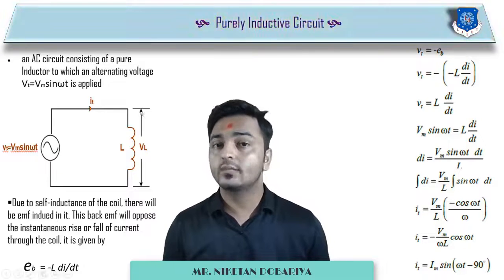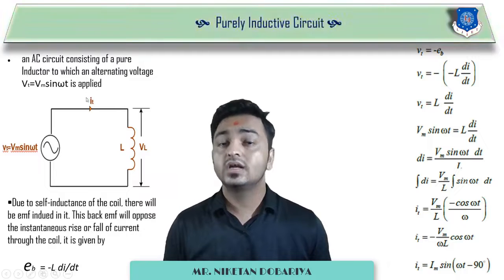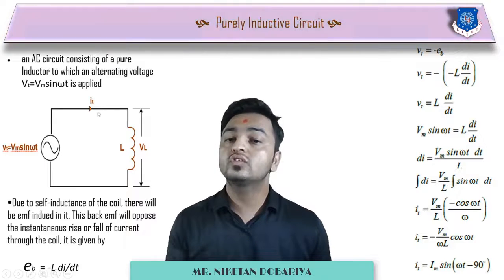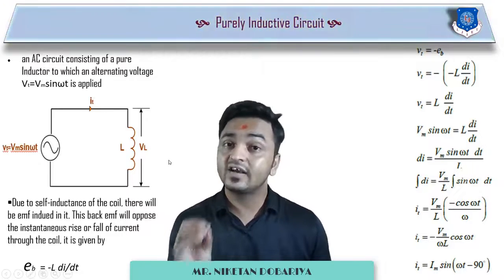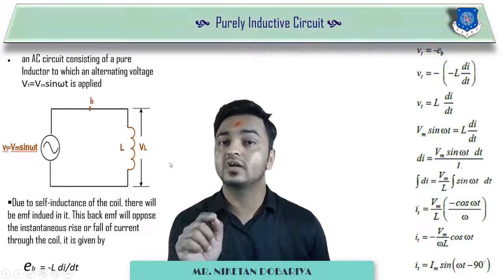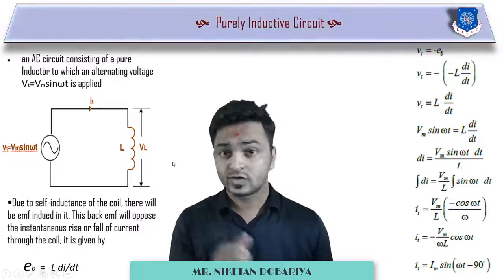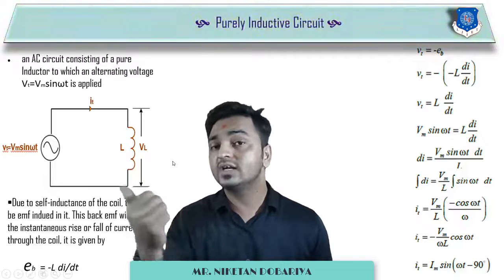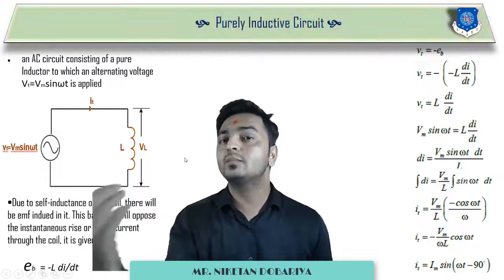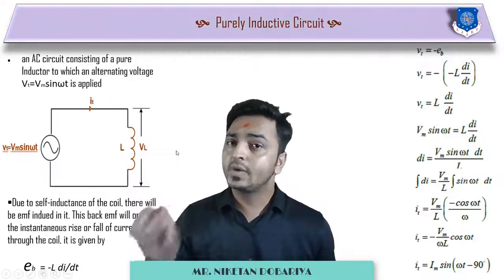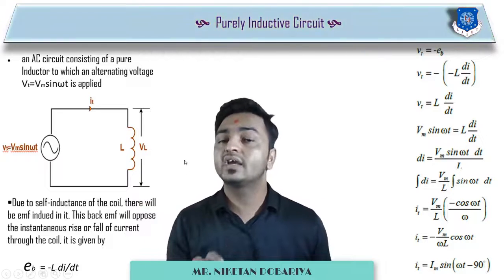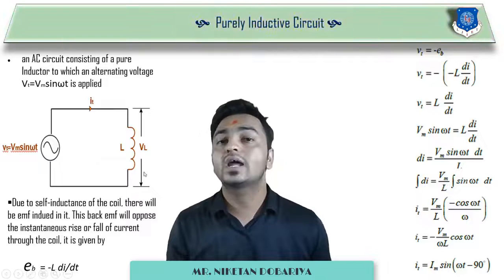So here, when we provide alternating current to this inductor, which is a variable current whose value changes with respect to time, variable magnetic flux is produced around this coil.